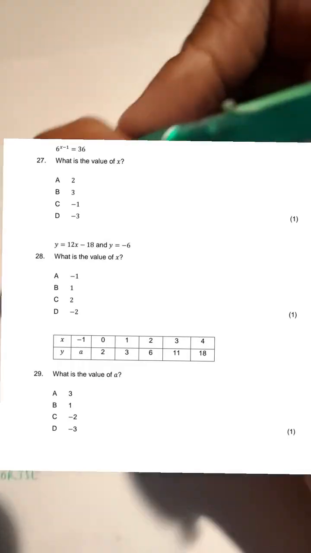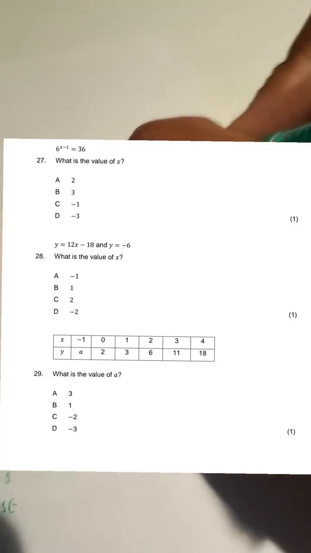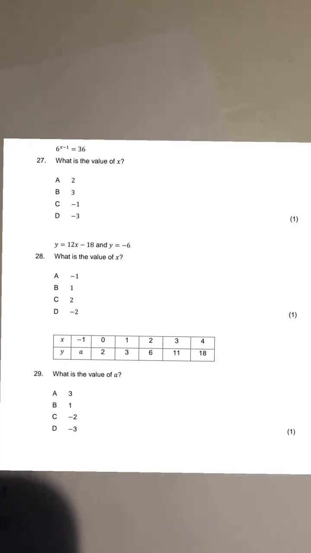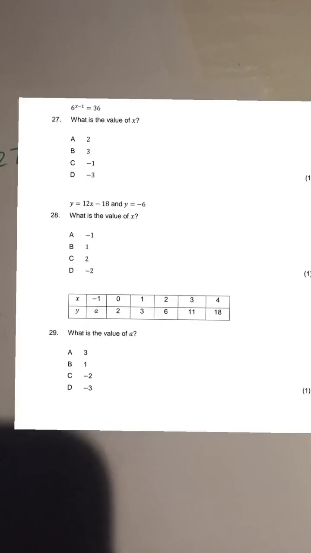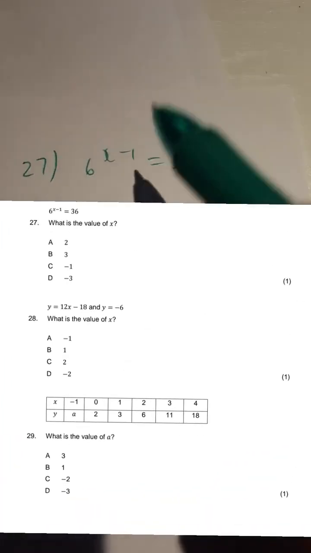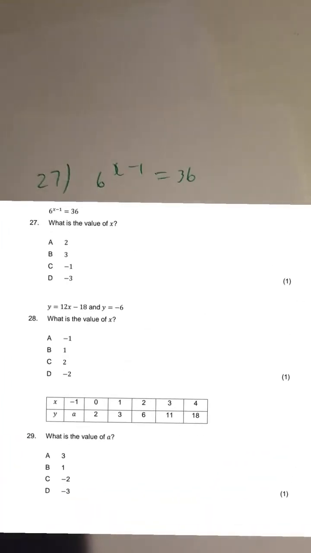27. 6 to the power x minus 1 is equal to 36. So let's look at this one, guys. This one is an exponential equation. 6 to the power x minus 1 is equal to 36.